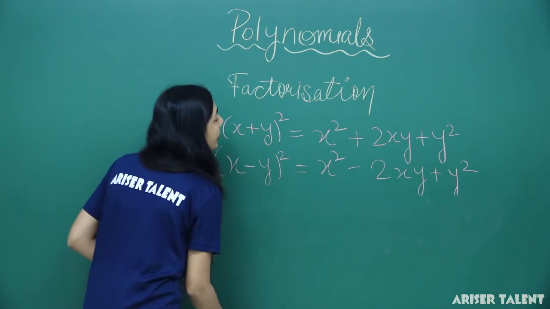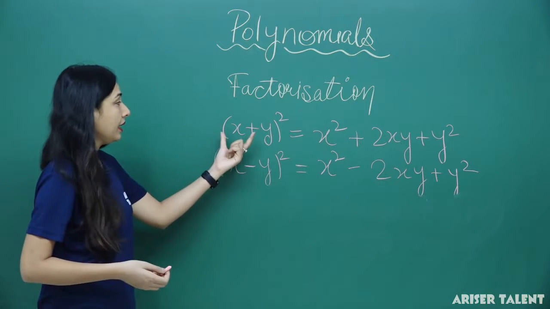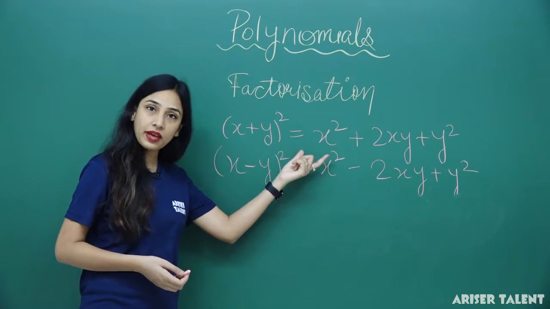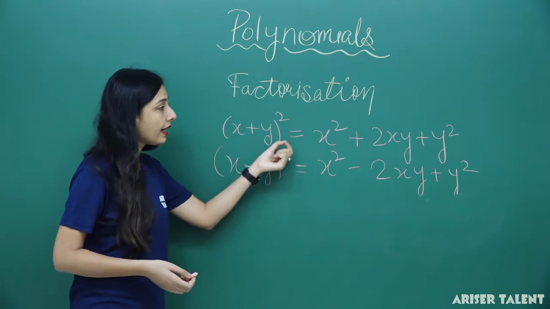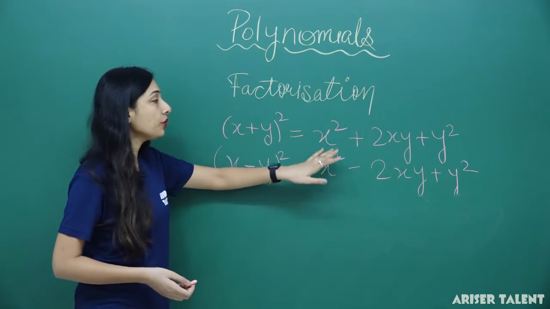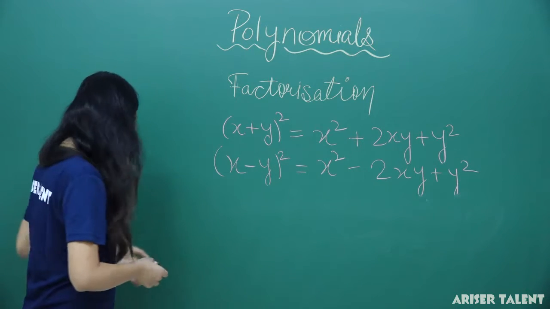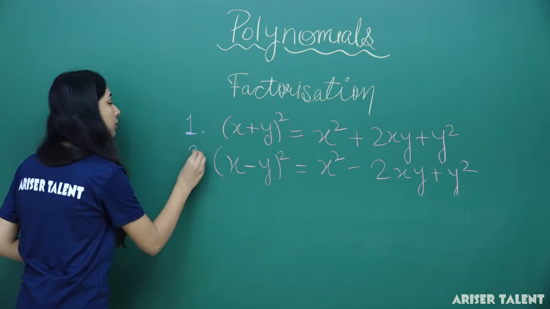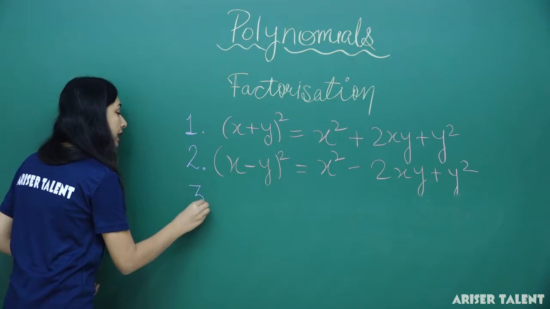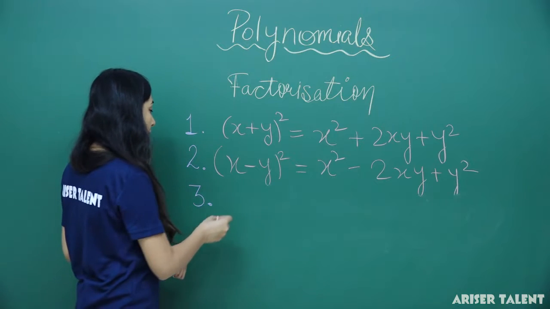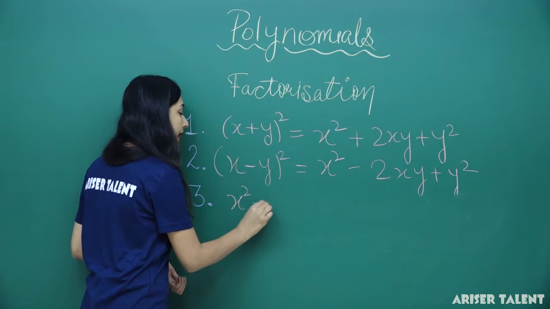Now how did we derive these formulas? (x plus y) whole square means (x plus y) multiplied by (x plus y). We solved the brackets and got the final terms. So we are going to use these formulas. This is your first formula, this is your second formula, and now come to this third formula, x square minus y square.